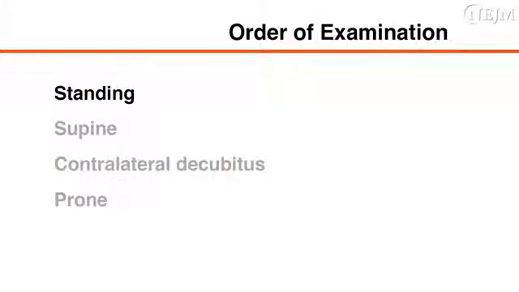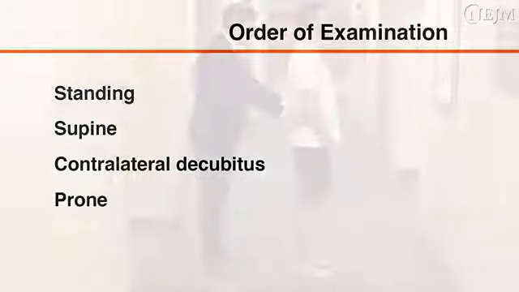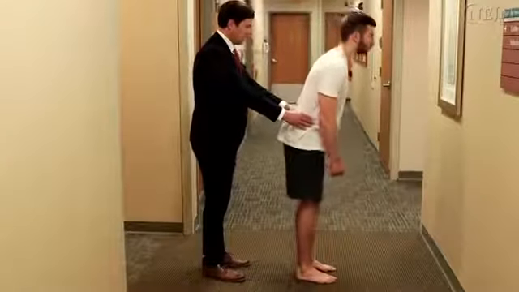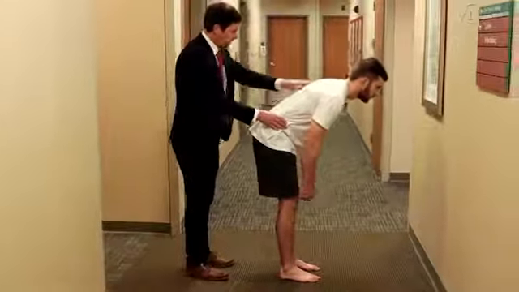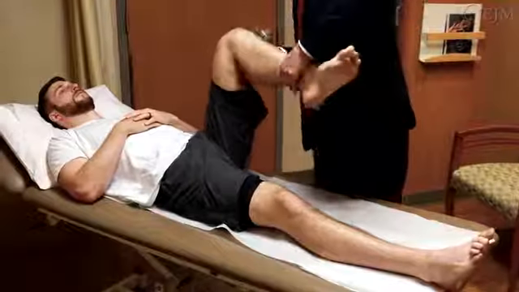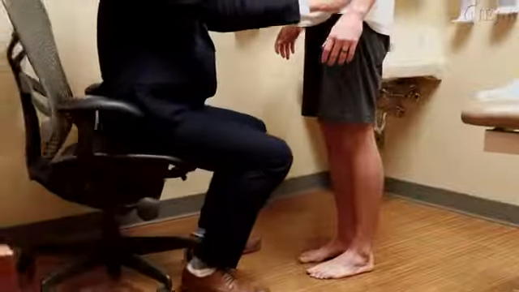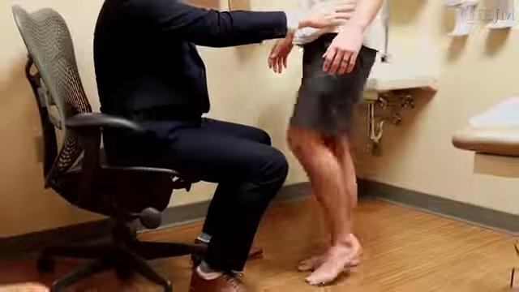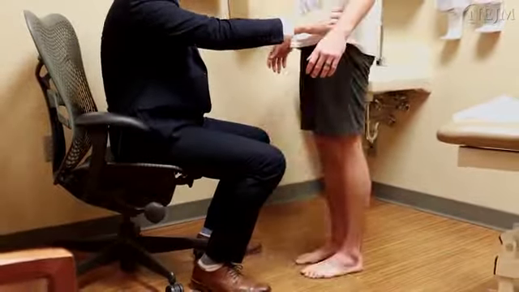Perform the examination with the patient first in the standing position and then in the supine, contralateral decubitus, and prone positions. To facilitate proper visualization, ask the patient to bring or wear shorts to the appointment or to put on a gown. To ensure the safety of patients with a high risk of injury, try to minimize their position changes after you have completed the examination.